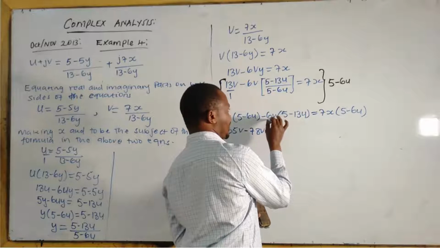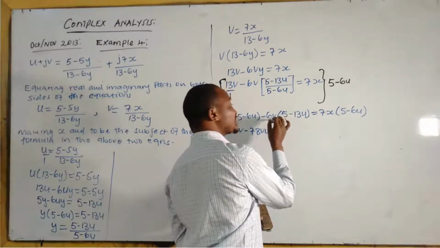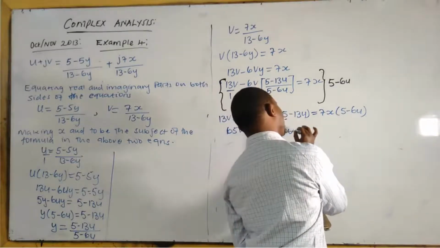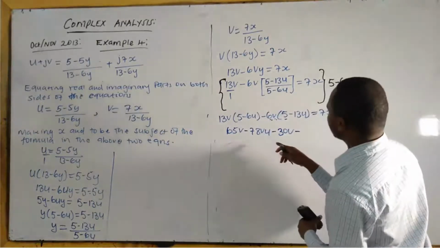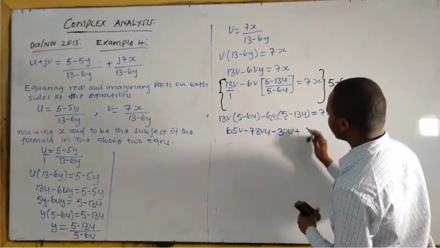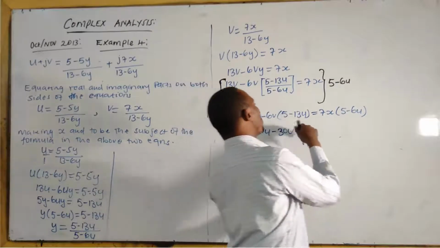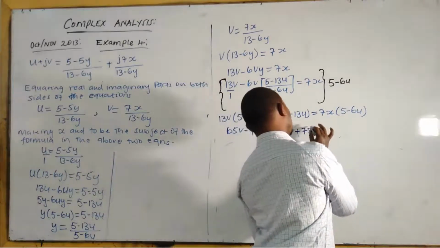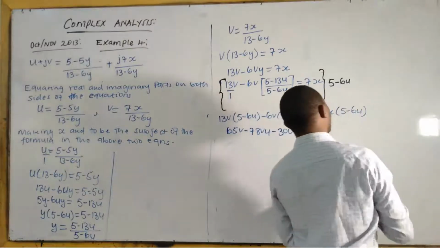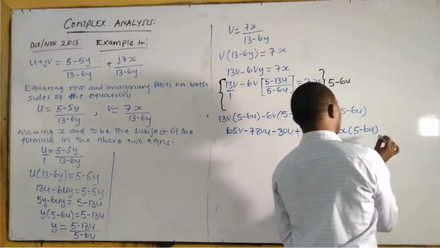Minus, open this bracket, is what? 6v times 5 is 30v. Minus, this positive times this negative, times negative positive: 6v times 13u is 78uv, is equal to 7x into bracket 5 minus 6u.